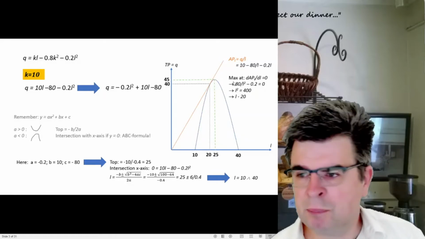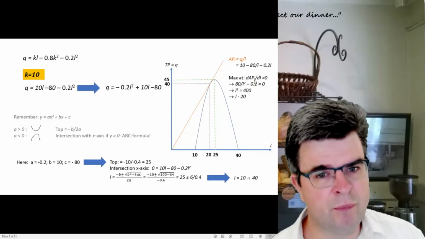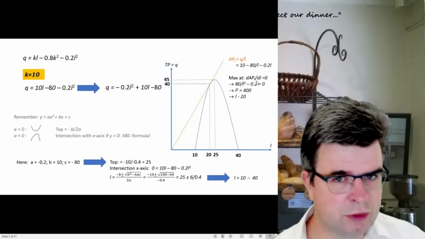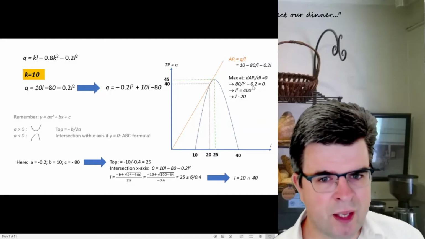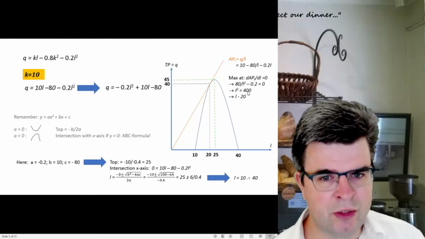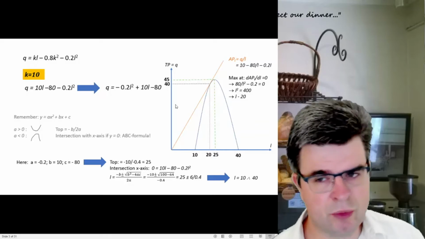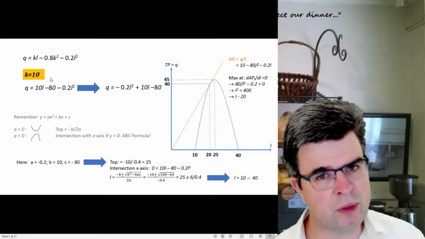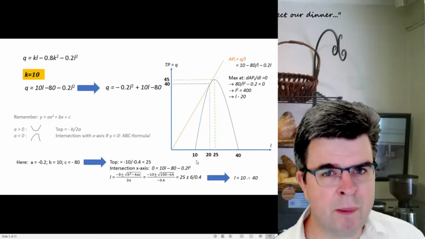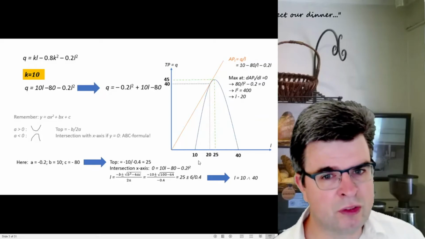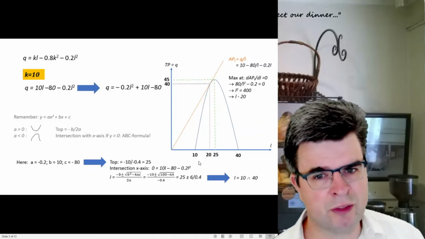And the maximum is reached at, well, you take the derivative of the average productivity with respect to L, then you equate that to 0 and you find the maximum level. And doing so, you arrive at L being equal to 20. So if you are given 10 units of capital, then you need to append that with 20 units of labor in order to reach your highest average productivity.